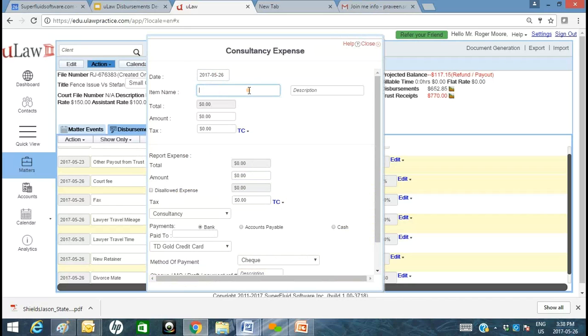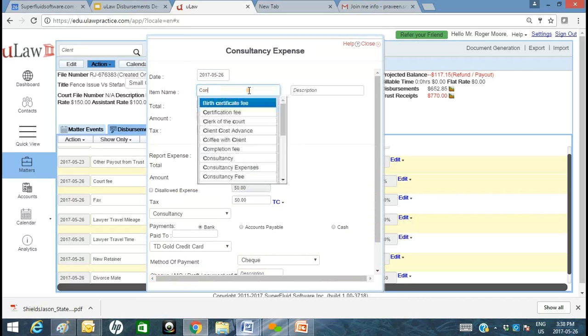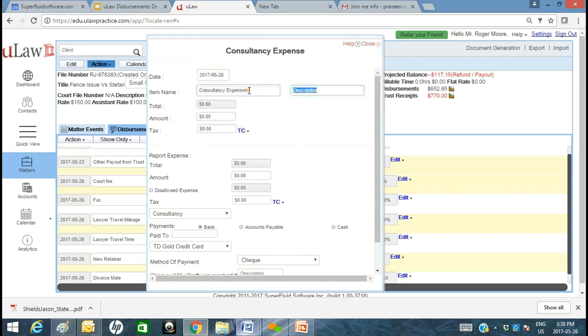Okay, so I'm just going to say it's a consultancy expense, third-party court visit. Okay. Let's say you agreed upon $100 to your client, but the consulting services that you used actually charge you $150.